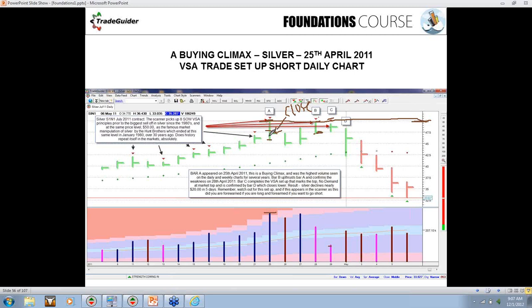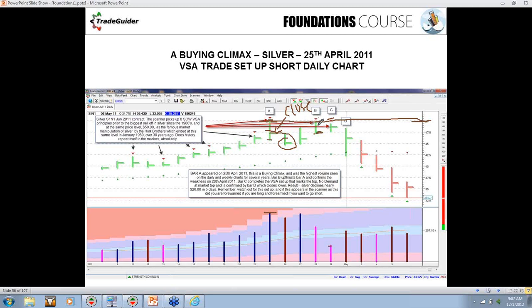Therefore, we can determine on that bar that sellers are overcoming buyers. Because if that volume was all buying from professional money, or a lot of it, we would close up on a high here. But what confirms it is that bar there, because it closes lower. That's the first part of a VSA trade setup or a sequence.